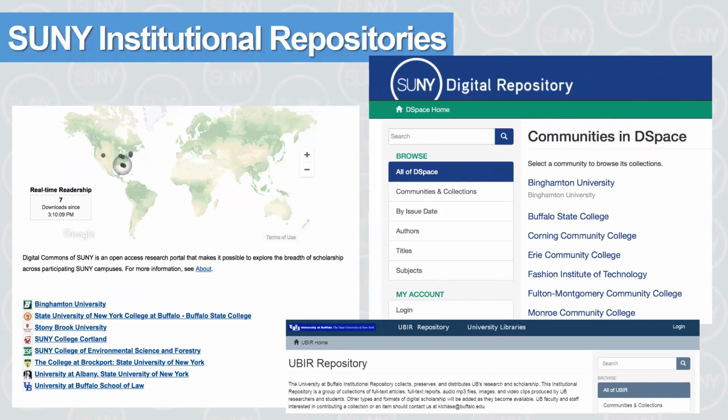The UBIR repository, which is listed on the bottom, is the University at Buffalo's repository that is using an open source tool called DSpace. And on the right-hand side, the SUNY Digital Repository is run out of the Office of Library and Information Services here at System Administration and provides repository services to campuses that would like to avail themselves of that. That also uses DSpace. Additionally, we are in the process of the implementation of a new library services platform, which may come into play in this space as well.